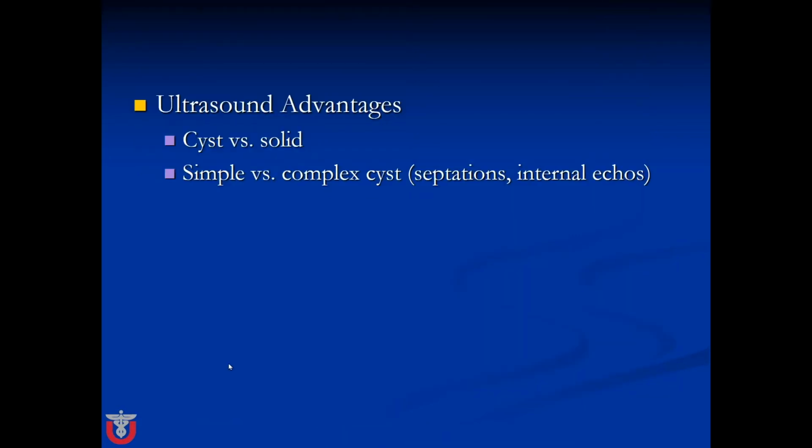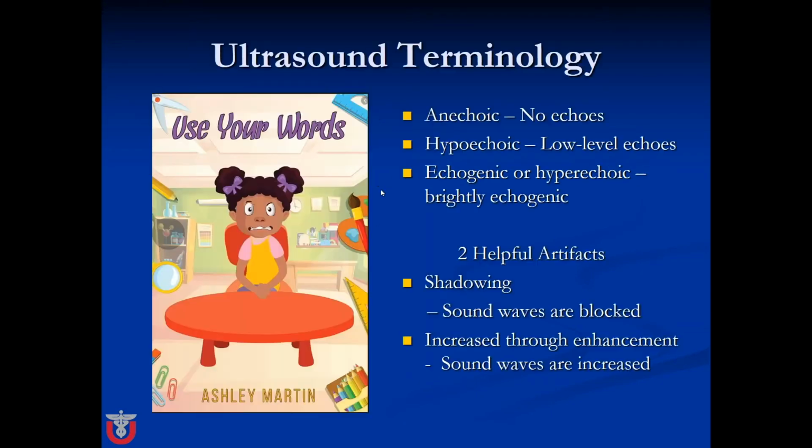So what are some advantages of ultrasound? Well, ultrasound is awesome for telling cyst versus solid, and if it's complex or if it's a simple cyst. So let's look at that. And we're going to learn words. We're going to learn to use our medical imaging words.